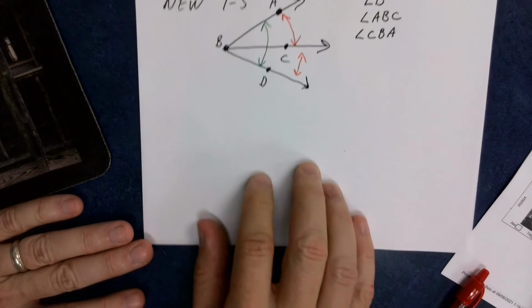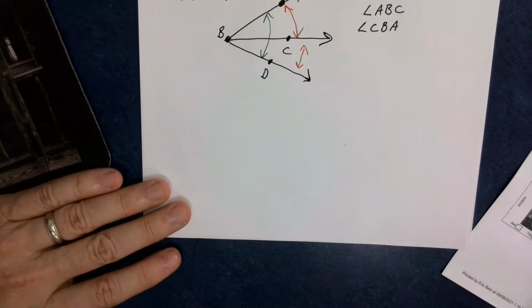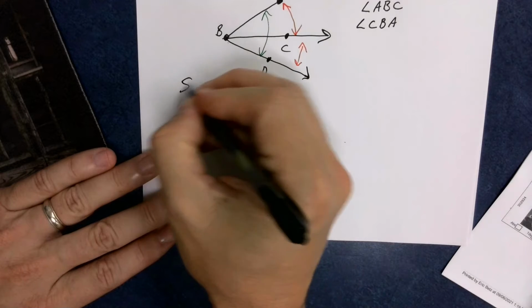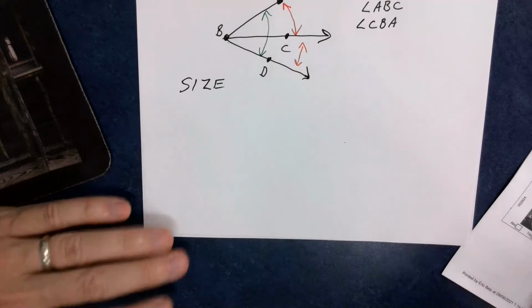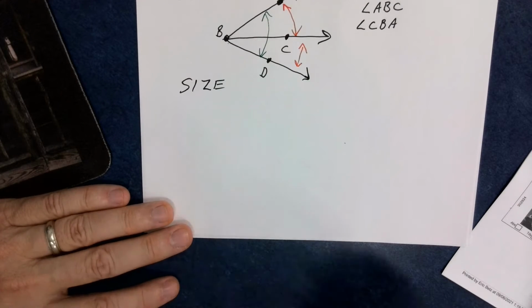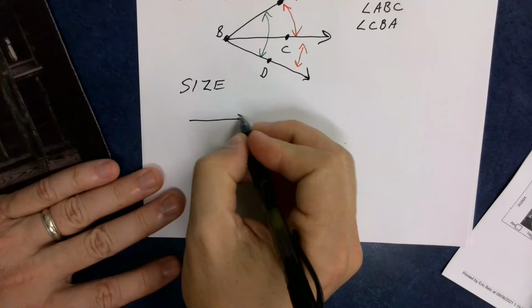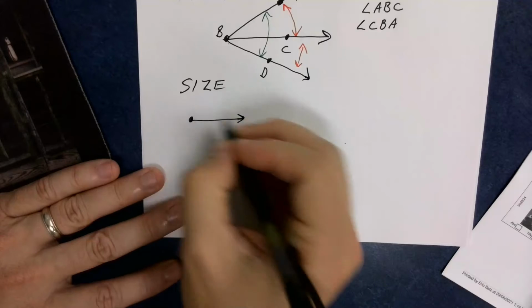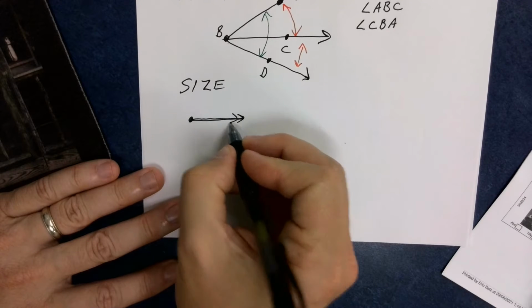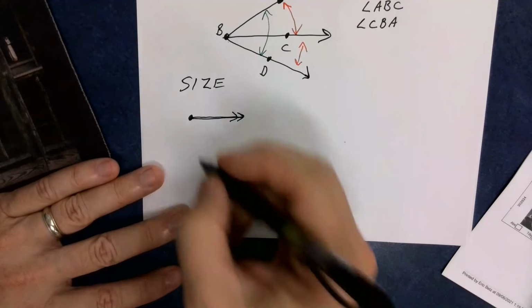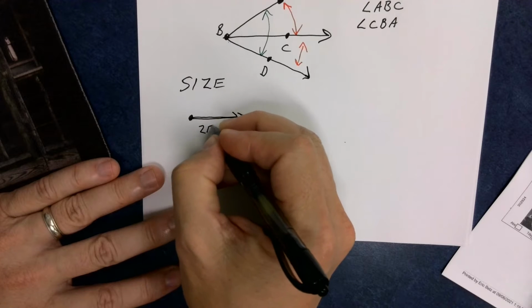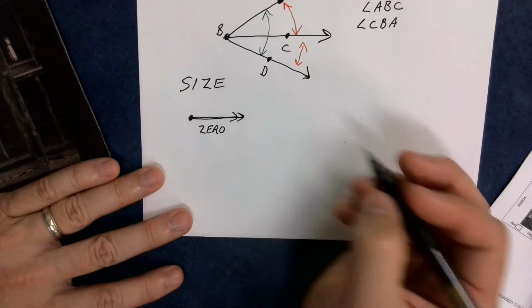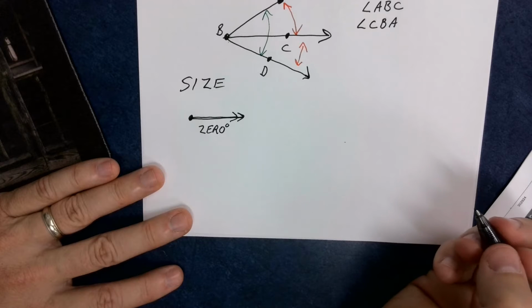So that's how we have to refer to those angles. Now, the next thing we're going to talk about is the size of those angles. And we have names for them. So if I had a ray that was going out just like this, and I had another ray right on top of it pointing in the exact same direction, that would be a 0 degree angle because it has no opening, 0 degrees.